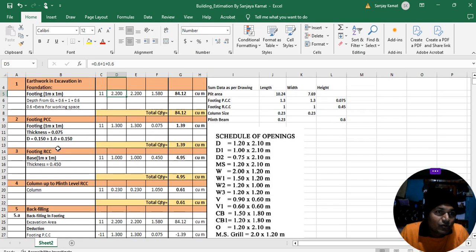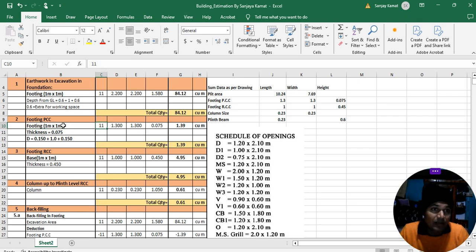Now coming to pointer number 2. In pointer number 2, what do we have to do? We have to do the calculation for the footing PCC. For that also we have to take another footing of 1 meter by 1 meter.